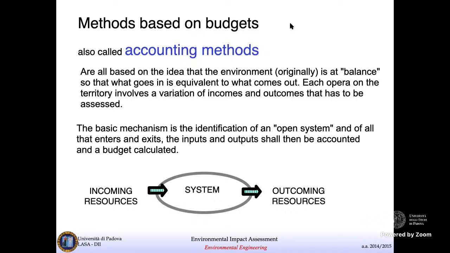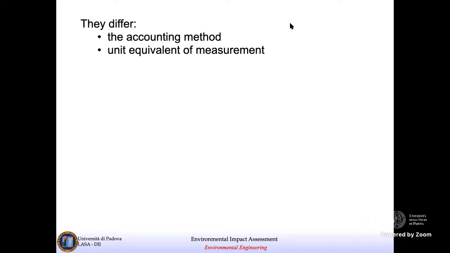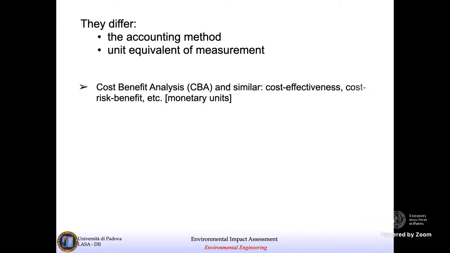So we have, from one side, an evaluation of resources needed, and from another side, an evaluation of waste produced that goes into the surrounding environment. Essentially, the different accounting models differ in the accounting methods and in the equivalent units of measurement for making these accounts.